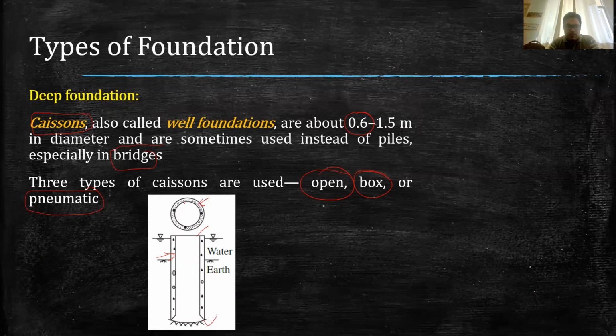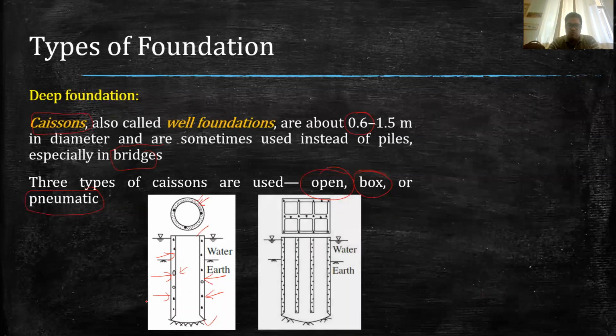In this case the bottom and the top are open. These wells are constructed of RCC, and generally they are filled with sand. These wells are very important to resist the lateral pressure or the horizontal pressure. When we fill them with sand, the sand helps in transferring the load uniformly to the surface of the well. Similarly, we can have a box well.